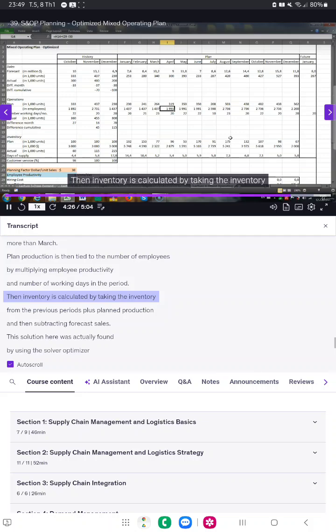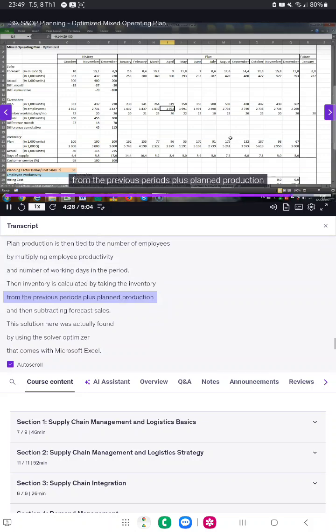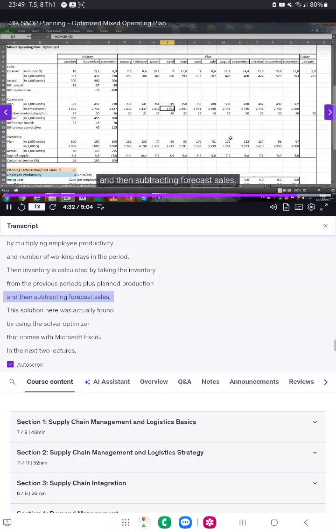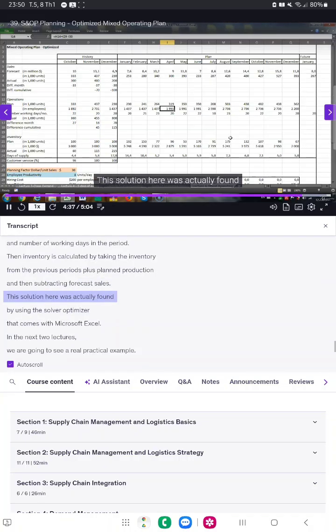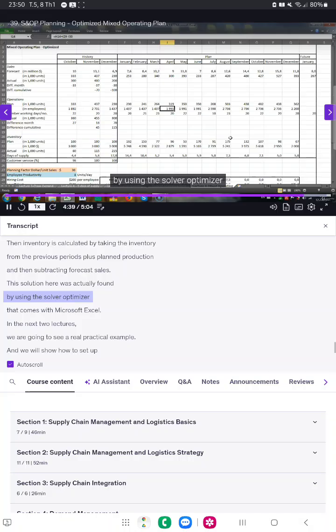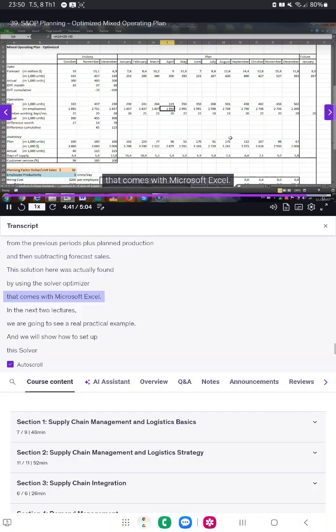Then inventory is calculated by taking the inventory from the previous period plus plant production and then subtracting forecast sales. This solution here was actually found by using the solver optimizer that comes with Microsoft Excel.